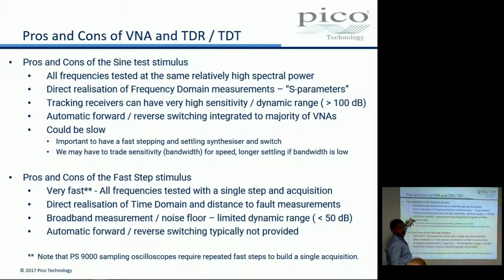Could be slow though because of all these points having to be done one at a time. Important to have fast stepping and settling. We may have to trade sensitivity, bandwidth for speed. Yes, so the bandwidth in which we're looking at the signal, if we make that very narrow, like 10 hertz, then we're going to have to wait for things to settle before we can measure it.